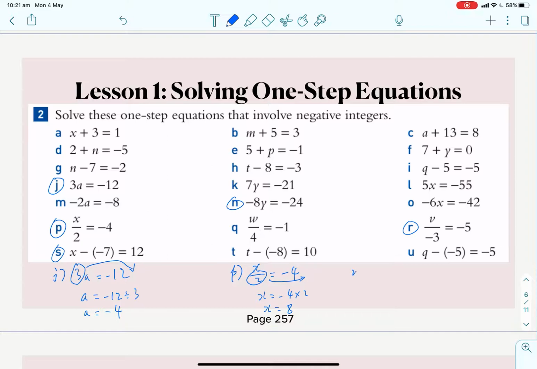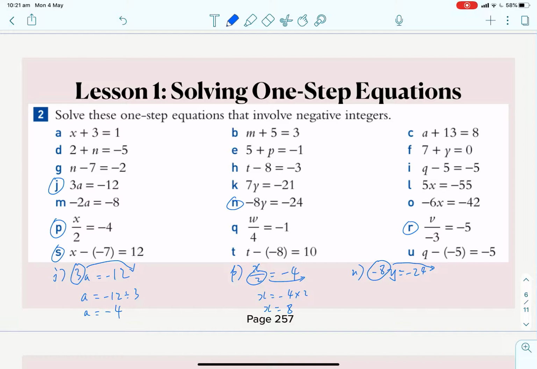Okay. And negative 8y equals negative 24. So we need to move the negative 8 here. Remember, there's negative 8 times y. So once we move it, it's not plus this time, it's divide. So negative 8 times y, if we move the negative 8 to the outside, it's not plus 8, it's divided by negative 8, okay?